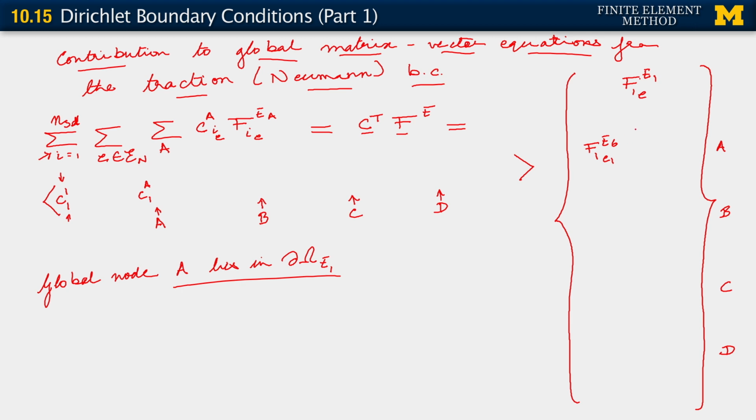Now element E2 also would have a contribution here. So we would have F T bar from element E2, the contribution would come from local node 5. The spatial dimension would still be 1, and of course it is element E2.